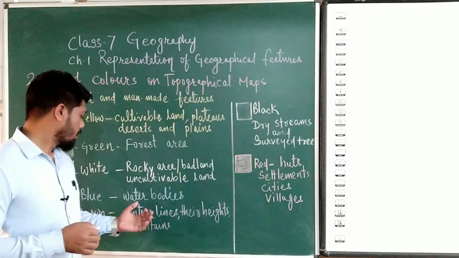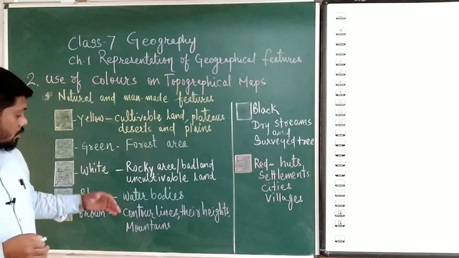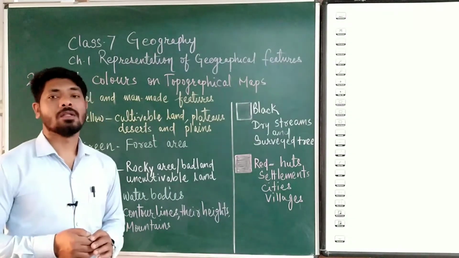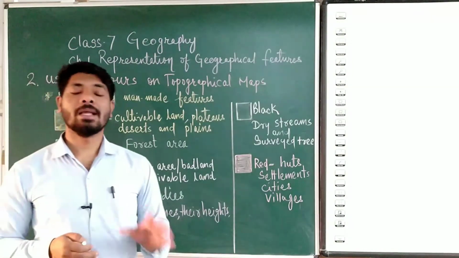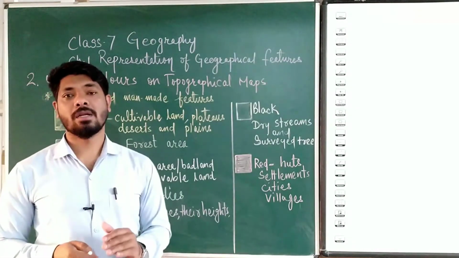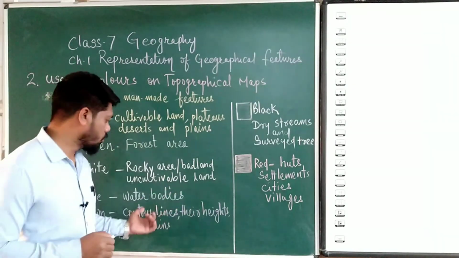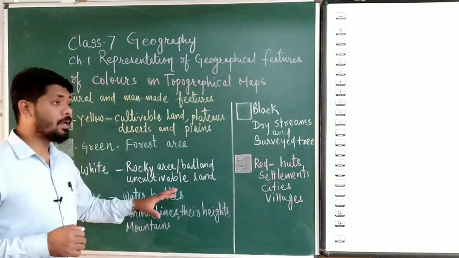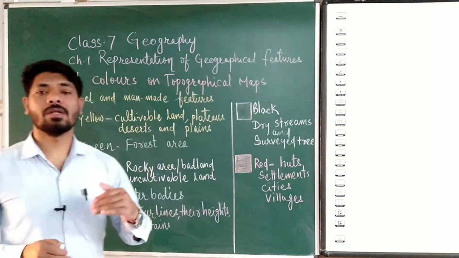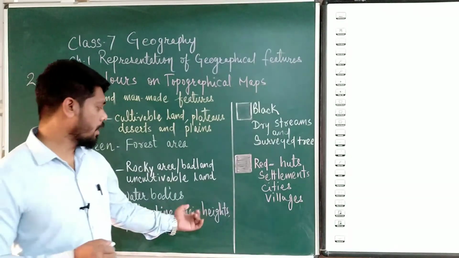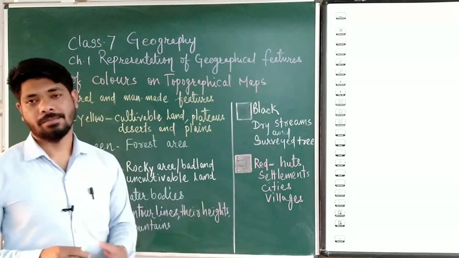Brown color will be drawn for the contour lines. It's very, very important. The physical features where hills and mountains are there, the height of that region will be shown with contour lines, and their numbers, the height of the place, will also be written in brown color.